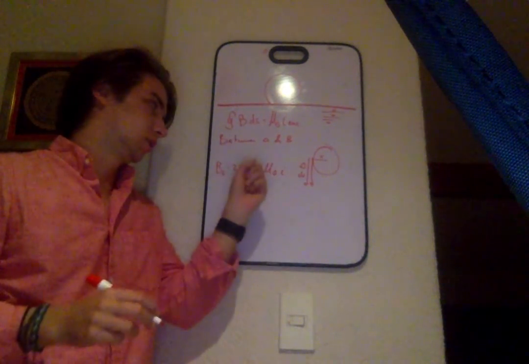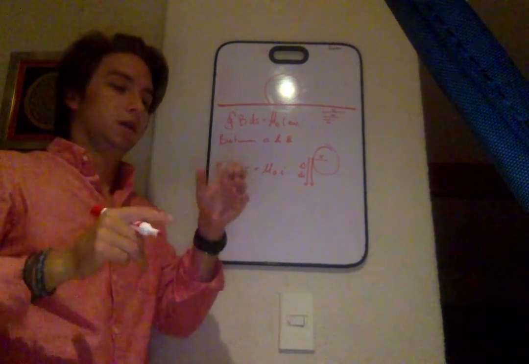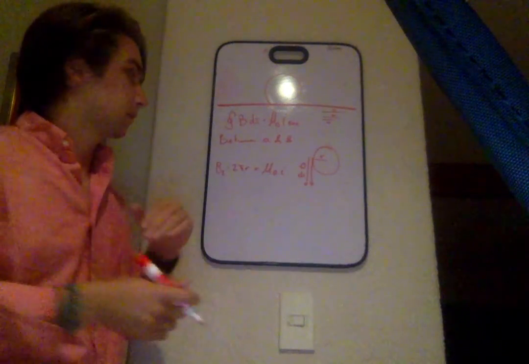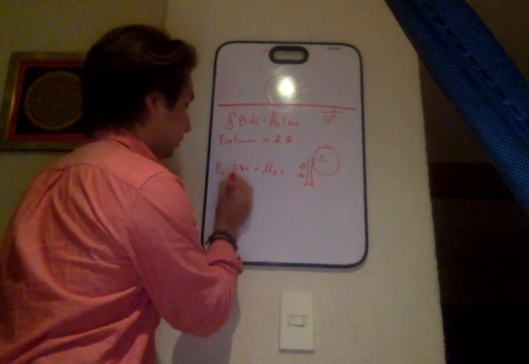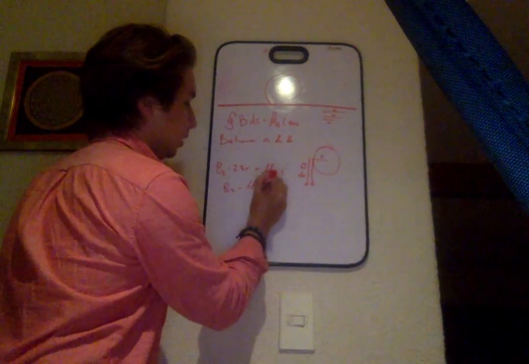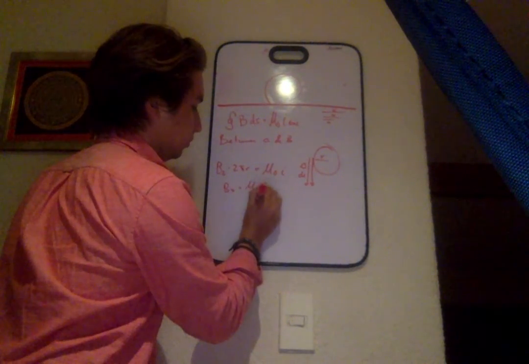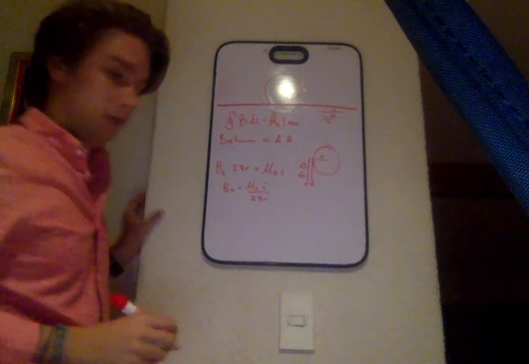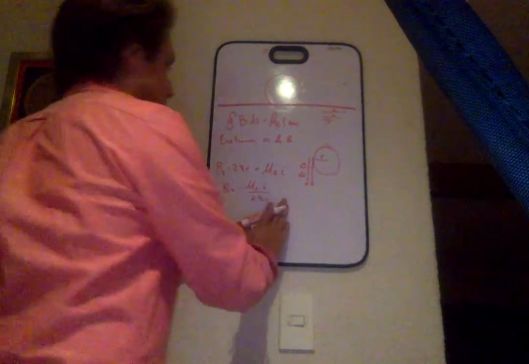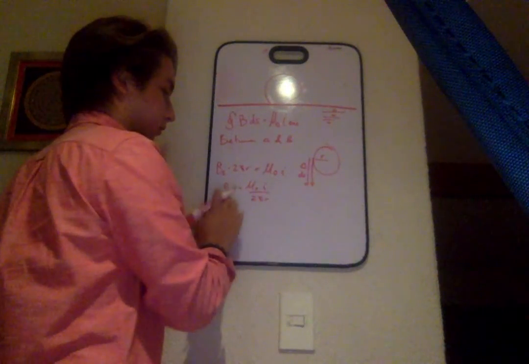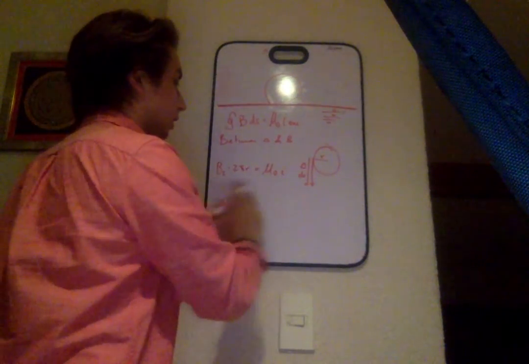We just need to take into consideration that this r is between the radius a and b, and so we have B2 equals mu naught I over 2 pi r. And yeah, that's the equation for B.